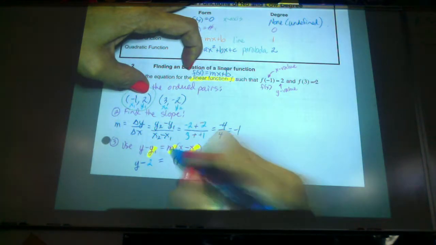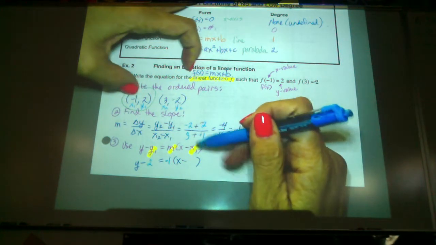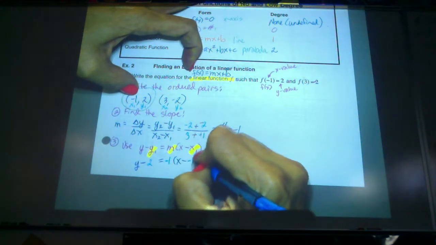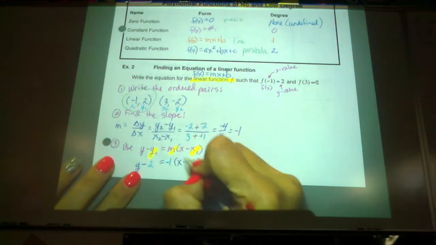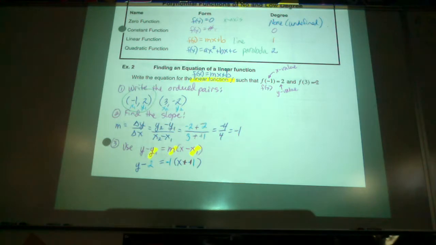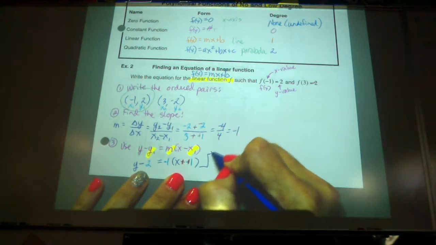For my slope, m is negative 1. And x sub 1 is this one, negative 1. It's just a coincidence that they're both a negative 1. Take care of any double negatives, so I've got a plus plus here. And solve. You have to distribute what's out in front of parentheses before you can add the 2. So I'm running out of room. So I'm going to solve here.